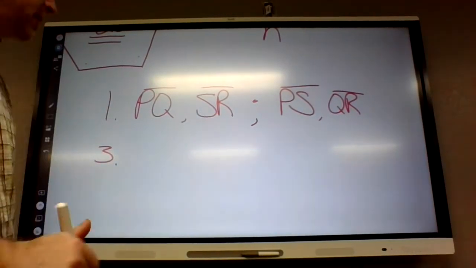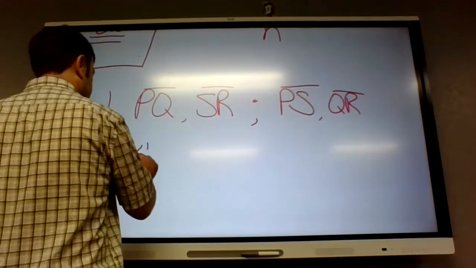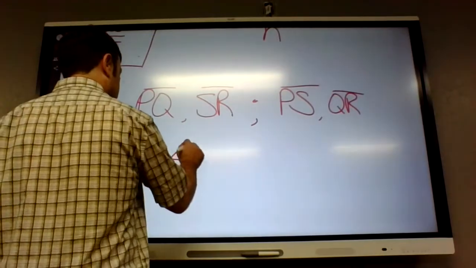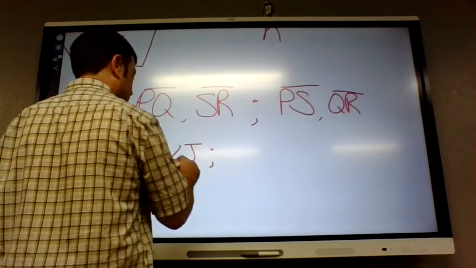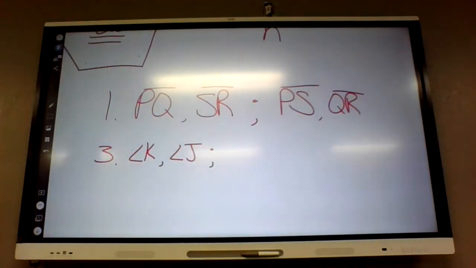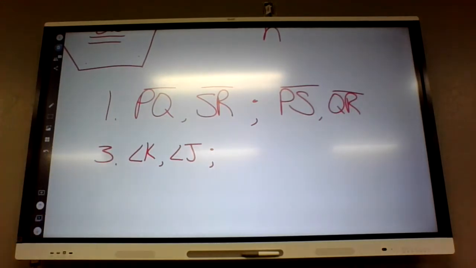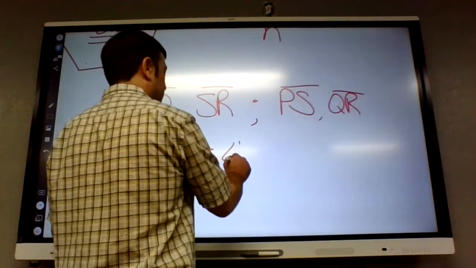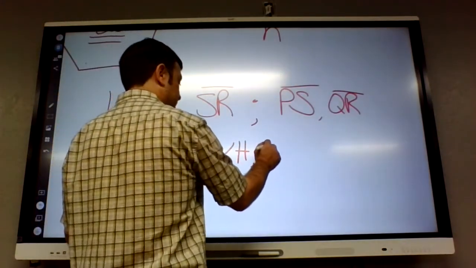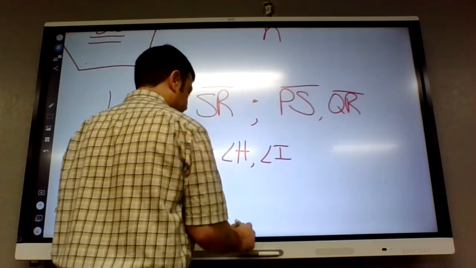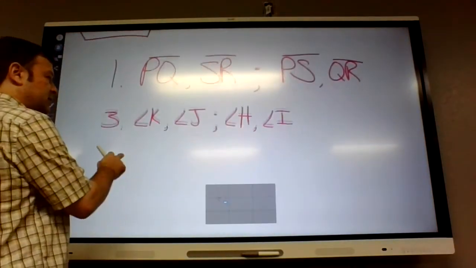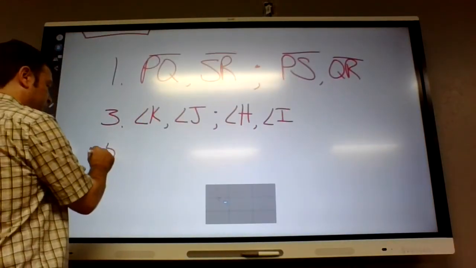So angle K and angle J. What's another pair of consecutive angles? Angle H and I. It's going to be kind of hard to grade because there's a lot of answers for that one. Because it's H and K, for example.